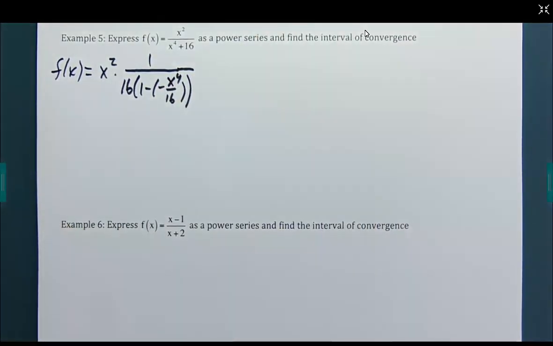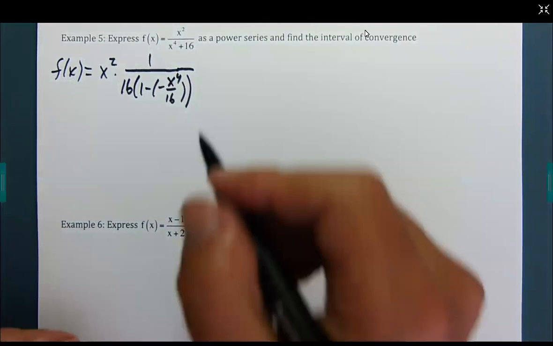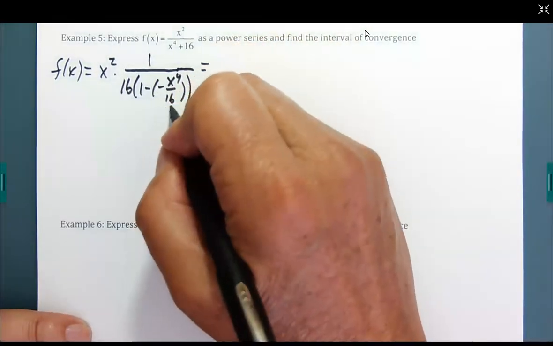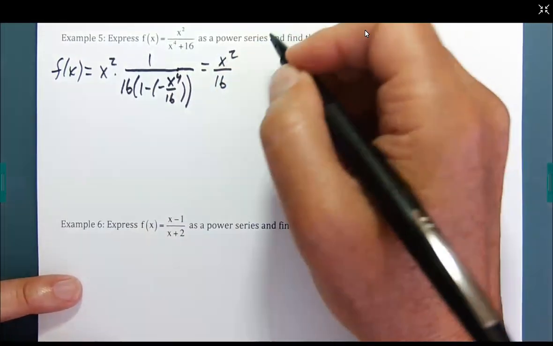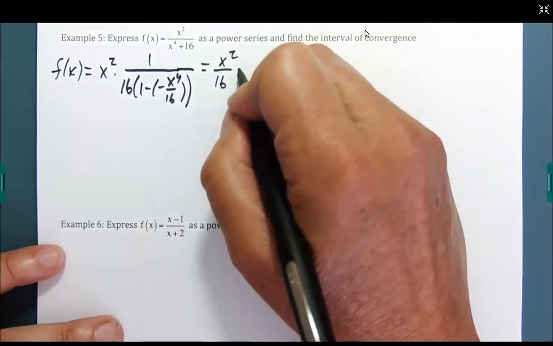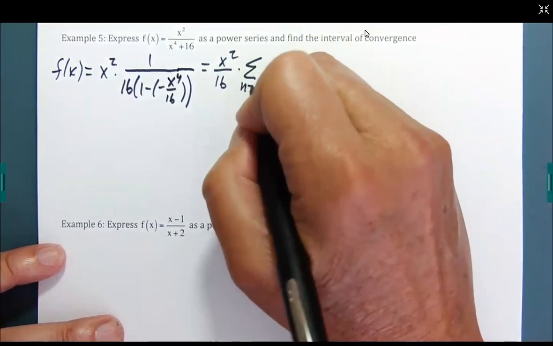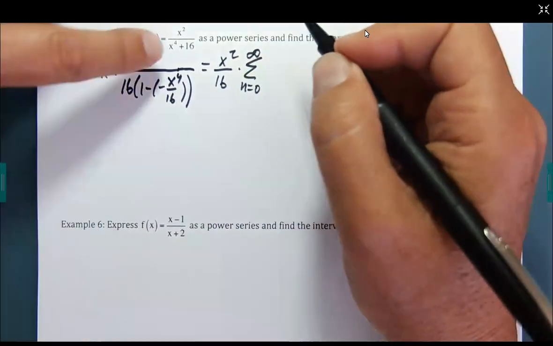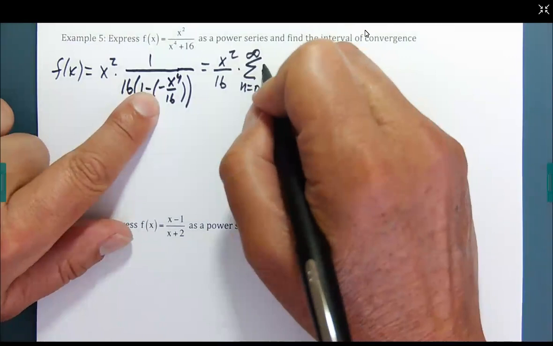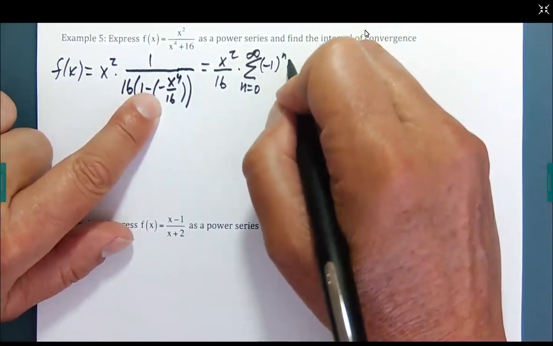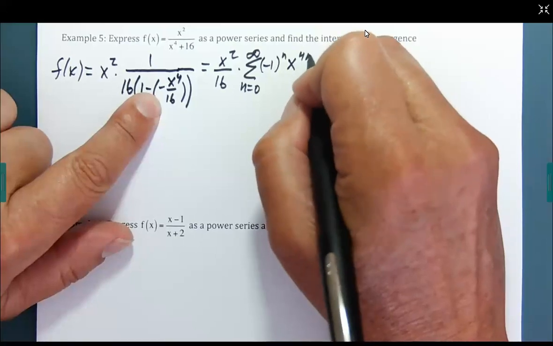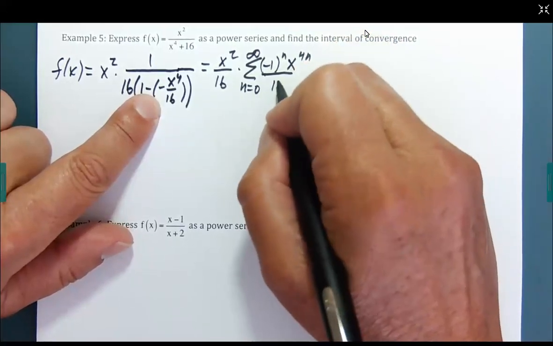Whole lot going on with that one. So there's my r. So I'm going to have x squared over 16 times summation n equals 0 to infinity. Now, because it's plus, we're going to have that negative 1 to the n, x to the 4n over 16 to the n.